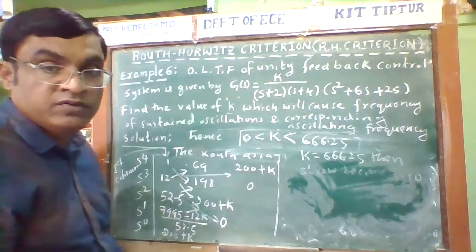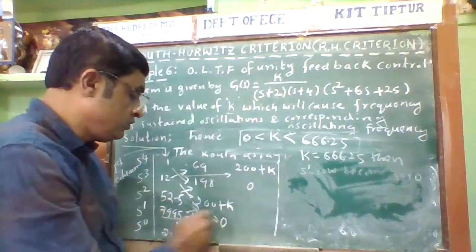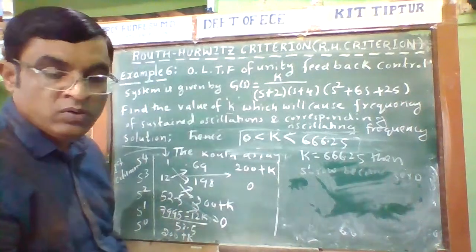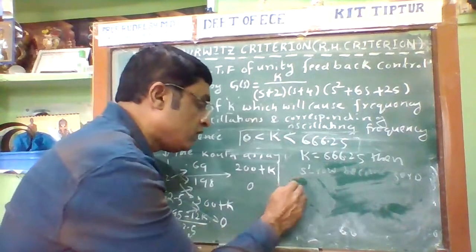When the entire row becomes 0, the auxiliary equation is A(S).